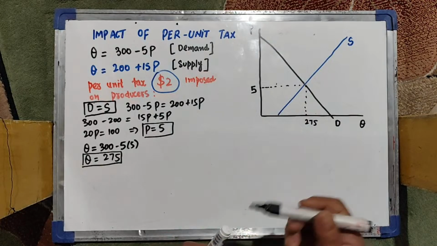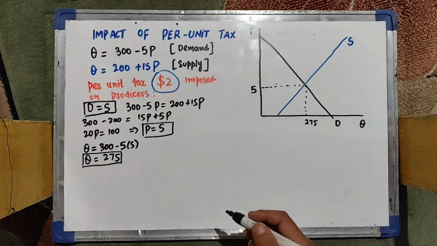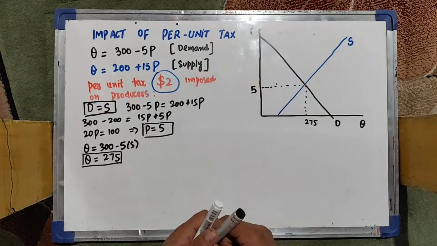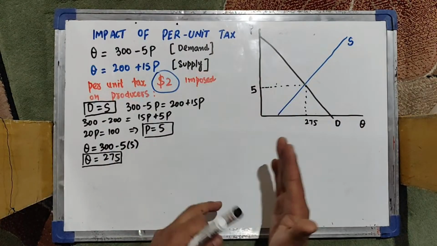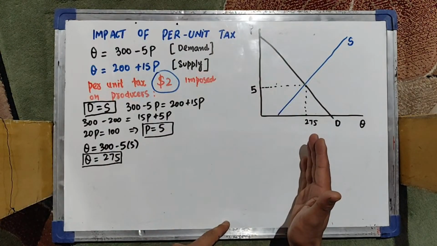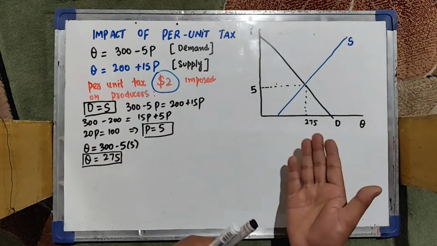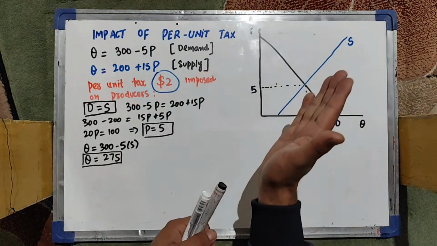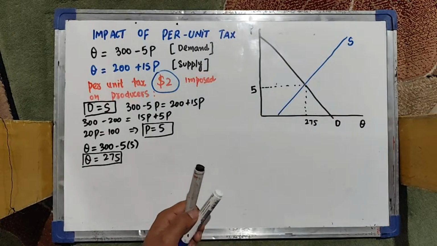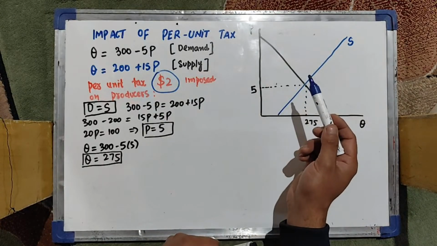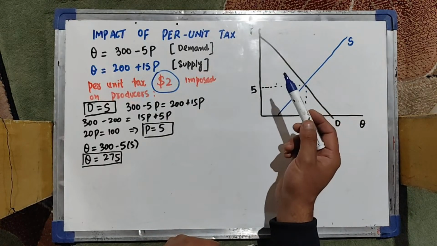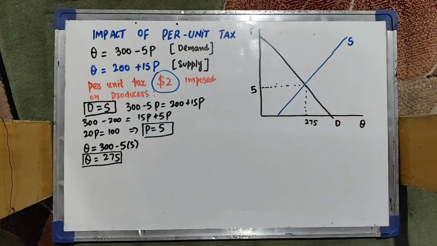So when a per unit tax is imposed on the producers, their marginal cost will increase. In fact, profits will decrease, and their marginal cost will also increase. So the supply curve will shift upwards by the amount of tax.